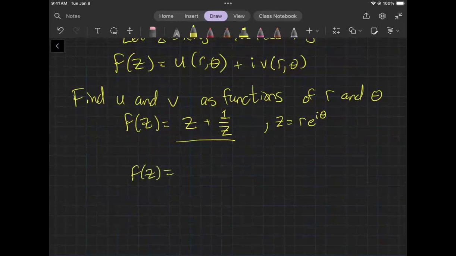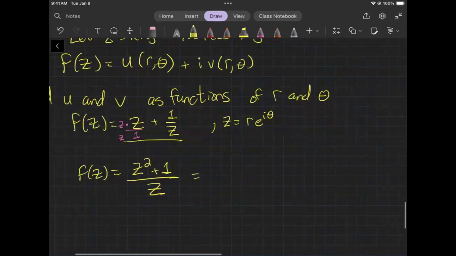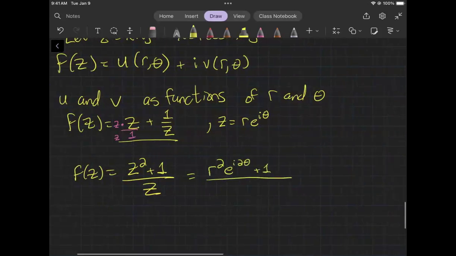That would constitute adding and multiplying and dividing by z to get a common denominator, right? So you'll have z squared plus 1 divided by z. Okay. And so in terms of its polar coordinates, this equals r squared e to the i 2 theta plus 1 divided by r times e to the i theta.